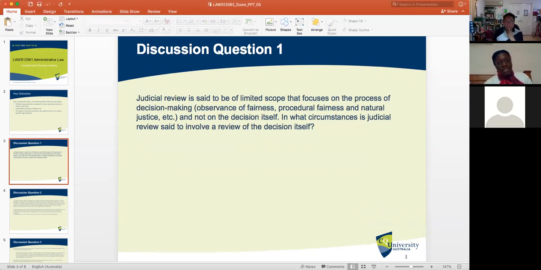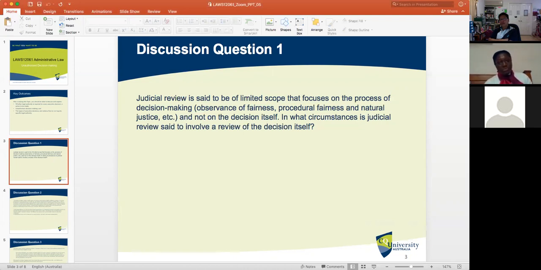Another ground is when a decision is taken that is beyond constitutional power, or when it is unconstitutional, in the same case. And when the decision is beyond the power conferred by the statute or by the prerogative of the executive, again the same case.